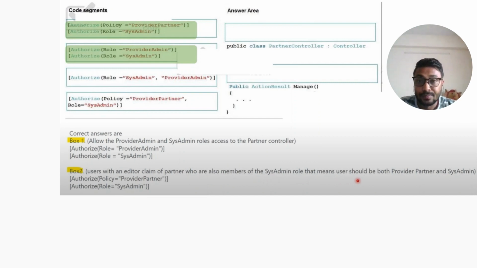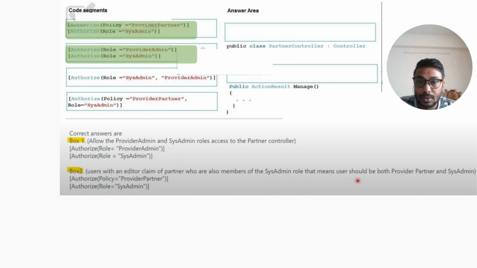So the next question, we have a code segment. Now we have to give the correct answers in the boxes given. We have a code snippet with some Authorize attributes, an authorization policy, and a role, and we have to tell which one is correct.